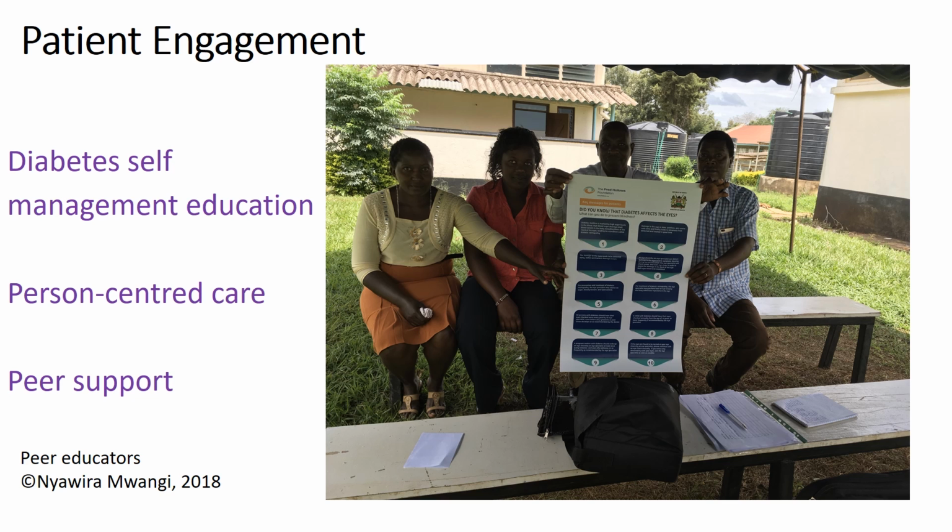Self-management education empowers the patient to control diabetes and diabetic retinopathy. Person-centered care improves patient satisfaction and other patient-reported outcomes. Peer support helps the patient to link with the service that they need. In which way can you apply these strategies in your own setting to improve access to diabetes eye care services?